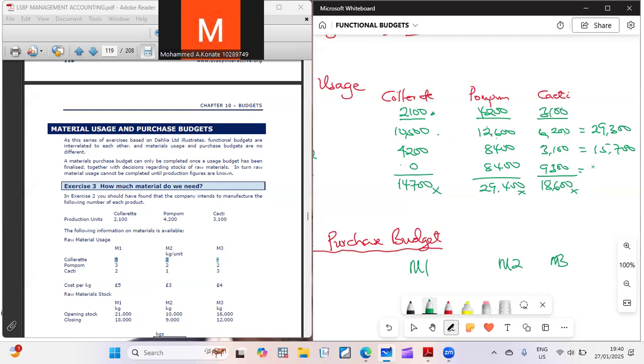I did it in the purchase budget. Yes, you see, if you had done it like that, you could have just picked it straight. So here is how much? 17,700. All right.